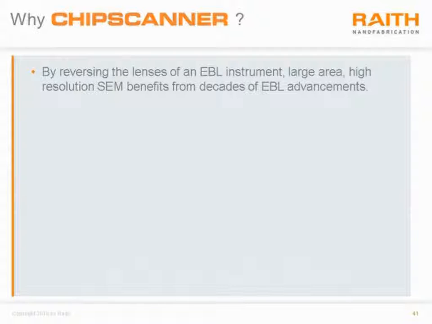By reversing the lenses of an electron beam lithography instrument, large area high resolution scanning electron microscopy can benefit from decades of advancements in electron beam lithography technology. This includes stitching accuracy, automation, and speed.